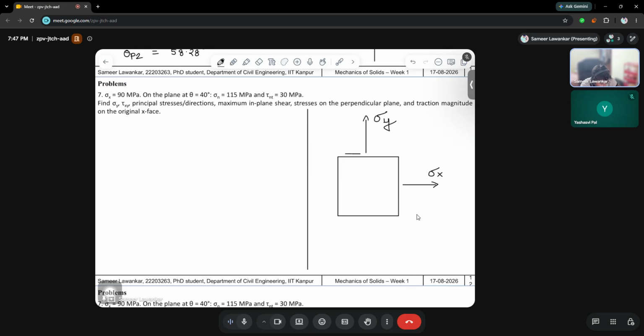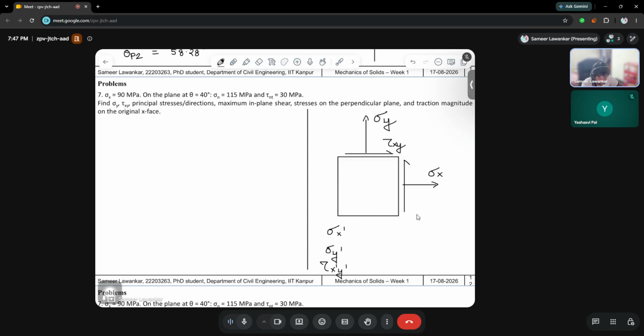The shear stress in this direction, denoted as positive, is tau xy. Now, when you rotate this, you get different values of sigma x dash, sigma y dash, and tau x dash y dash. I hope that is clear. Simply, if you rotate it, you get different values of stresses.